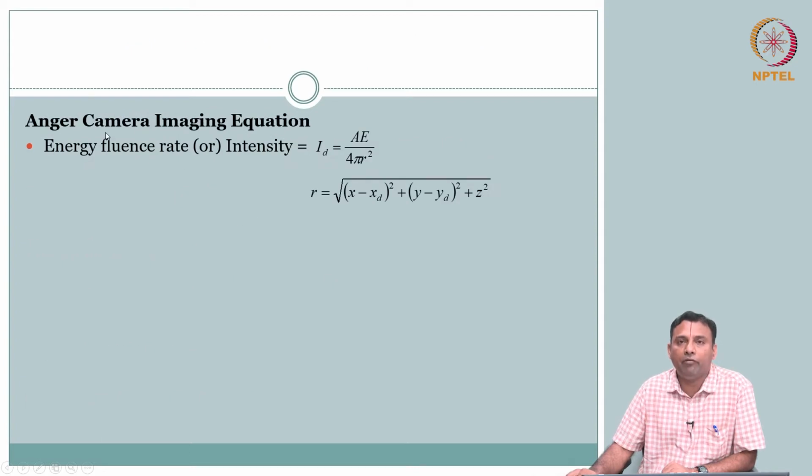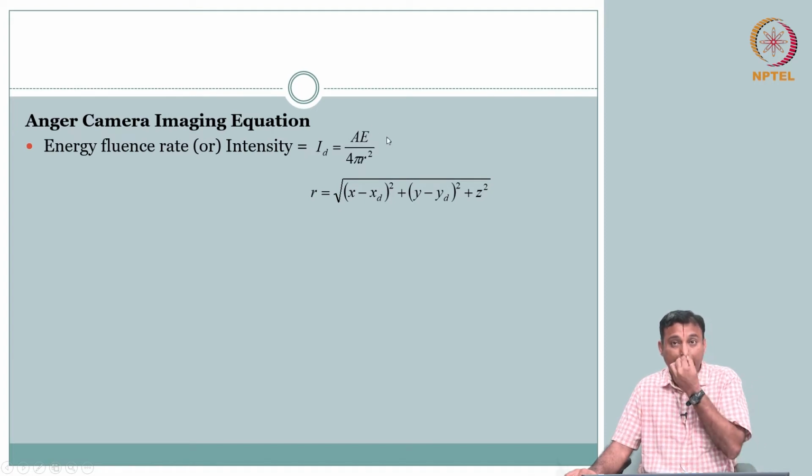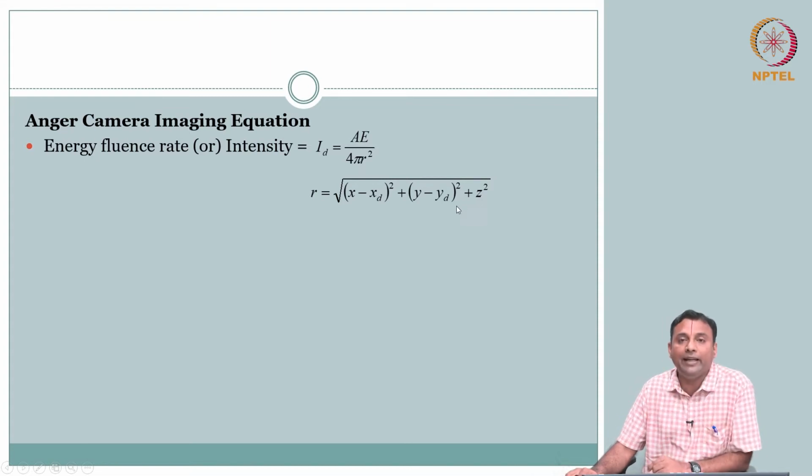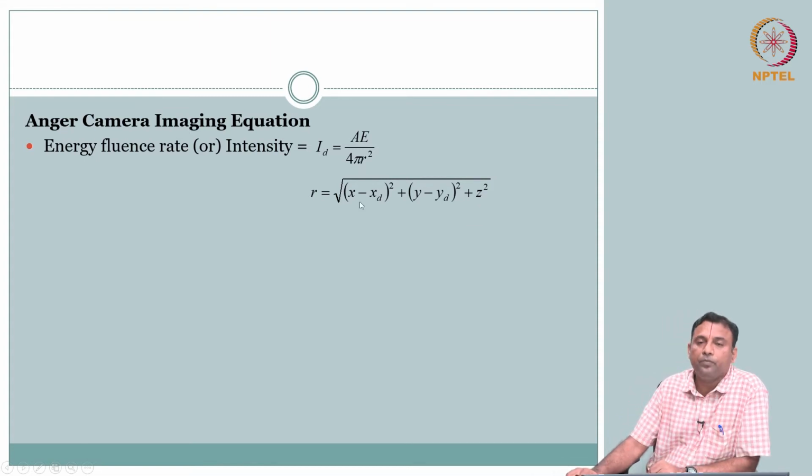So if you have the Anger camera, the equation, you can write the intensity as radioactivity times the number of photons, times E, the energy per photon. So this would be your intensity falling on the detector, where R is just the distance from x, y, z to your location on the detector, x_D, y_D, 0.